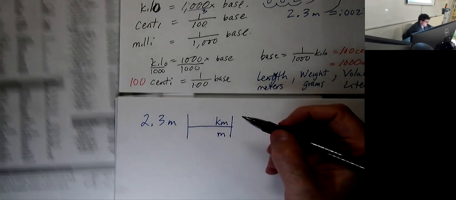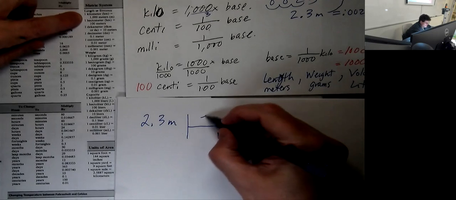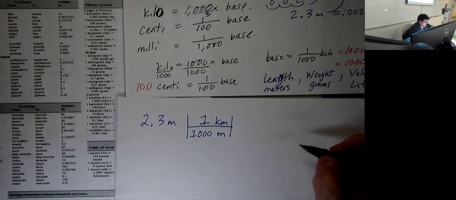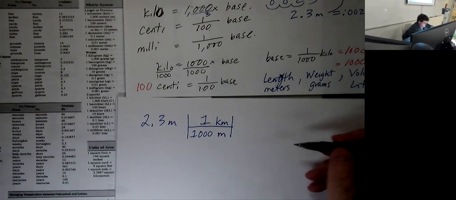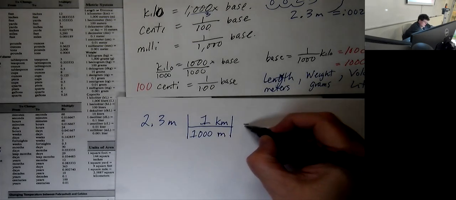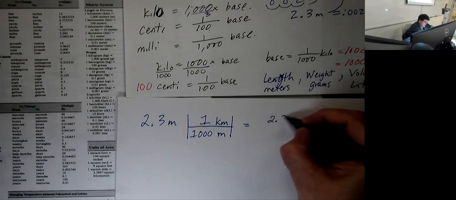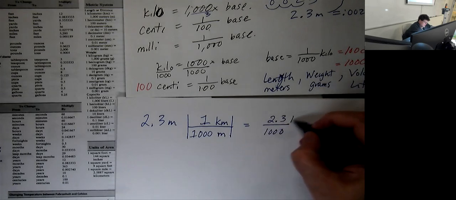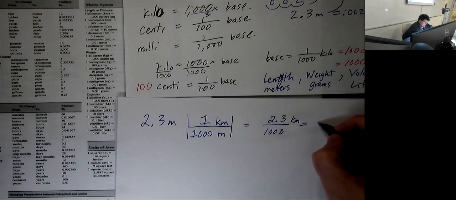The table here tells me 1 kilometer is 1,000 meters. So I have 2.3 divided by 1,000 kilometers. And that's going to give me 0.0023 kilometers.